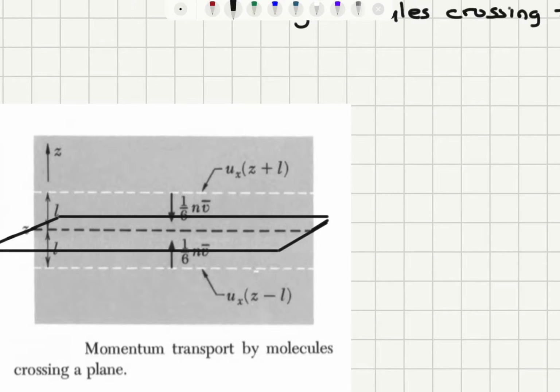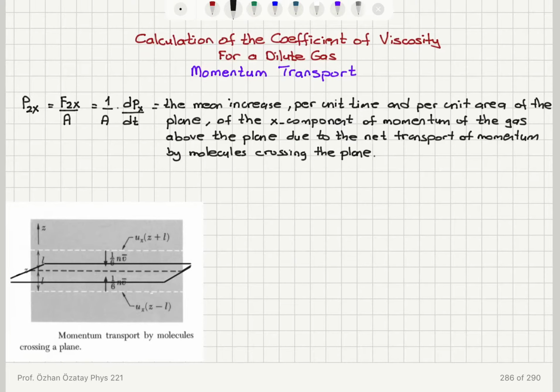So there are molecules going below the plane, there are molecules going above the plane, and there's a net transport of momentum by these molecules. If you look at the net transport of momentum per area per unit time, that gives us the tangential stress, the force per area of the plane.